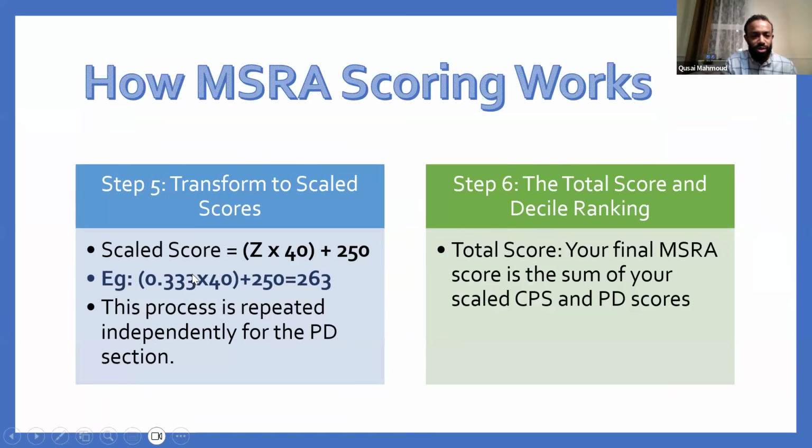So they times that 1/3 by 40, the mirrored or targeted standard deviation, and add that to the average. So your total score would be 1/3 times 40, which is 10 point something, plus 250, which is the average. Now your total score in the clinical would be 263, which is 1/3 standard deviation above the average.